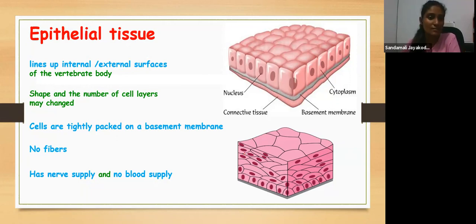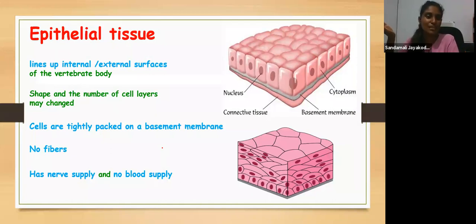We cannot see fibers in these epithelial tissues. And then it has a nerve supply and there's no blood supply. When we have some type of scratch on our body, we can see a white colored membrane-like thing removing, but there's no blood coming out, but we feel the pain.